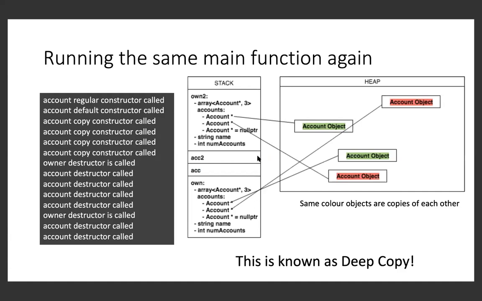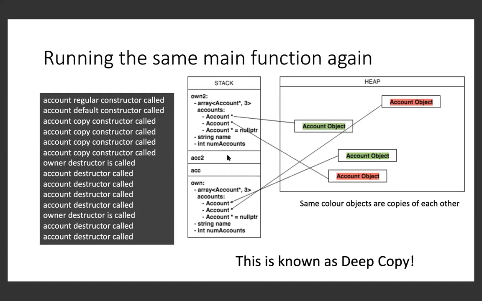This is the new memory if we run the same program with the new copy constructor. This is our owner class. It had an account object, the green one right here and the red one right here. When we made a copy of owner, we did not copy the pointers.